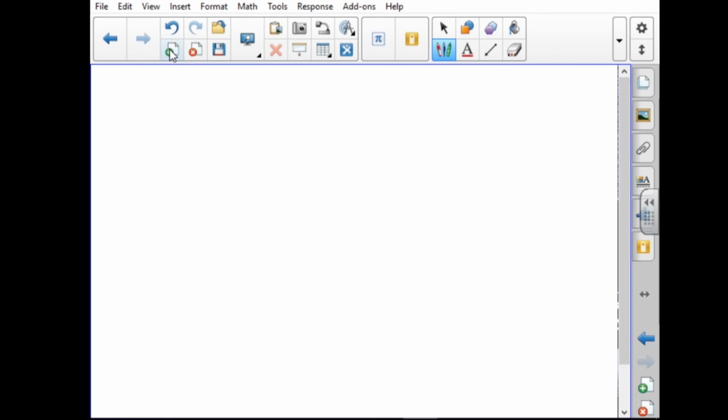Next is the second subdivision, fourth question. The nth term is given, denoted by an. It is given as minus of n squared minus 4.